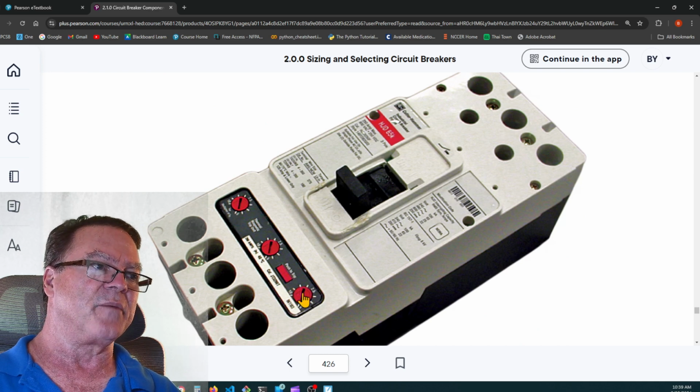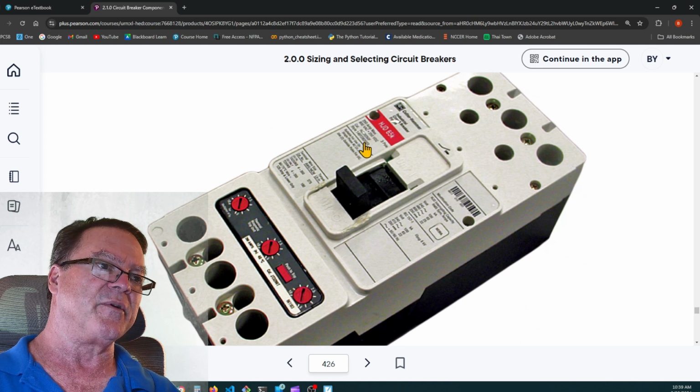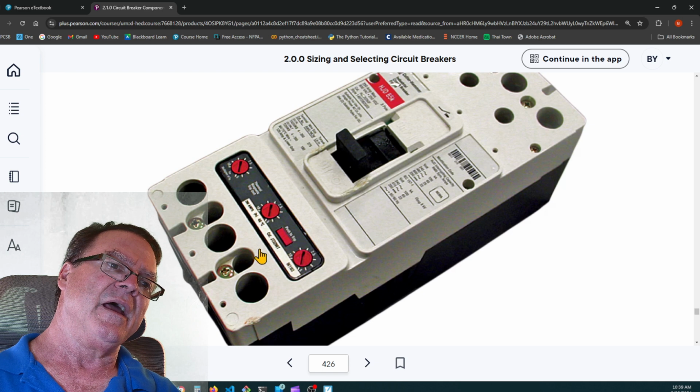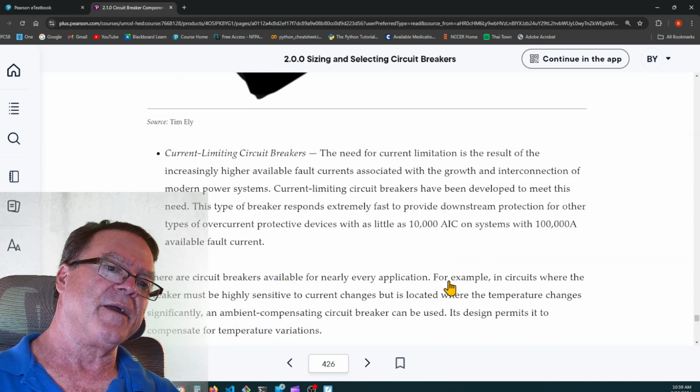These are big circuit breakers. You wouldn't put these in your home, so you don't have to worry about the interrupting rating at your house. But there's your H for the high interrupting rating, 65,000 amps. And again, they do have fine adjustments of these to change slightly for ambient temperature.